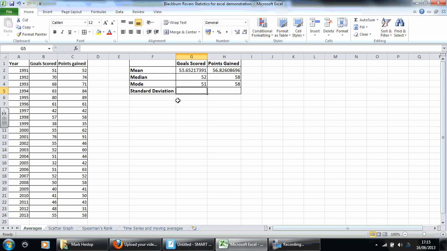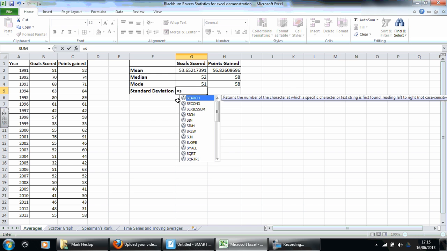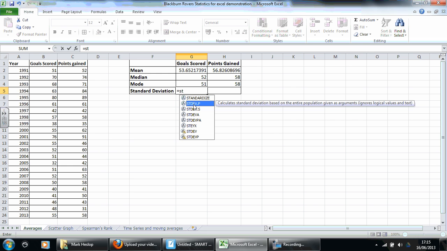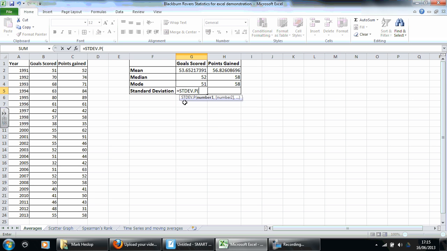Standard deviation, same starting point. You put equals S. So start writing ST, and then what we want is this one, STDEV.P. Standard deviation of the entire population. We don't just want the sum of it, we want the standard deviation of all this data. Again, select all this, and that tells the standard deviation goals scored, 11.7.